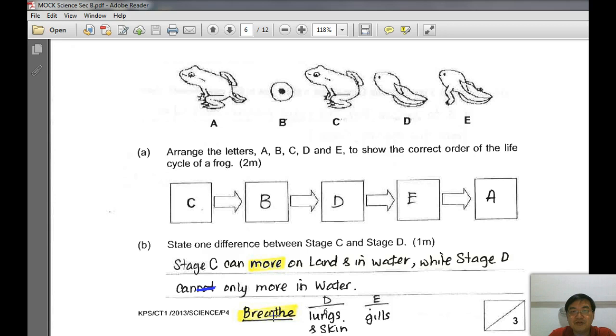The adult frog, which is in stage C, compared to stage D, breathes through its lungs and skin. For stage D, it breathes through its gills. That is another comparison.